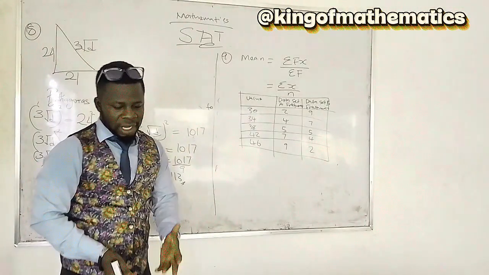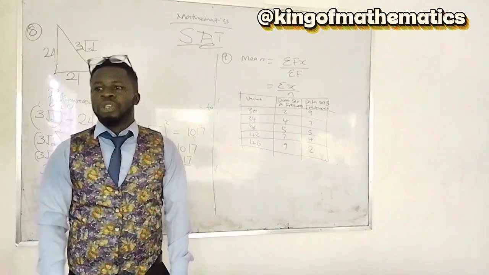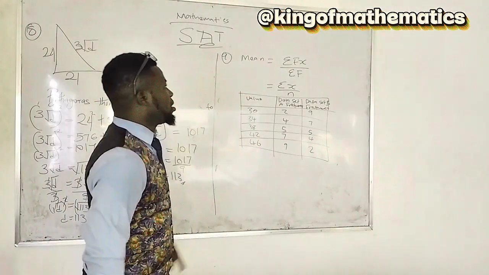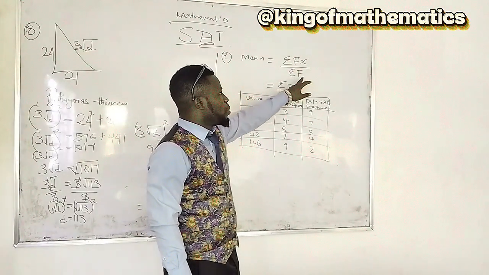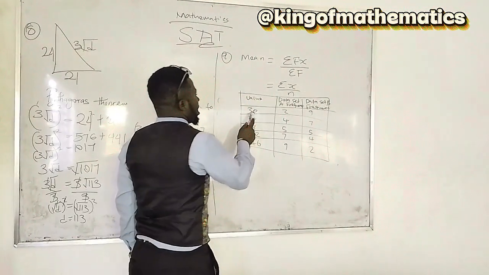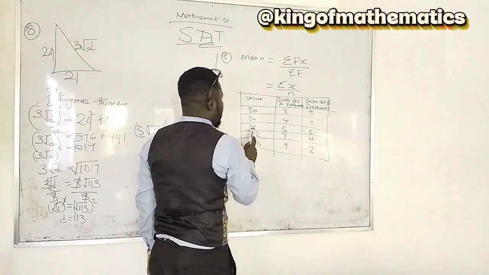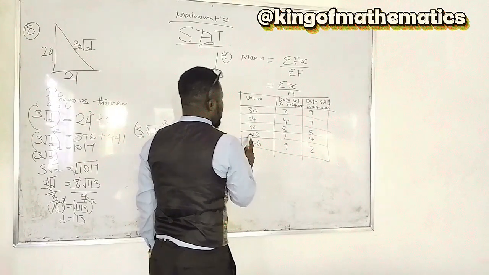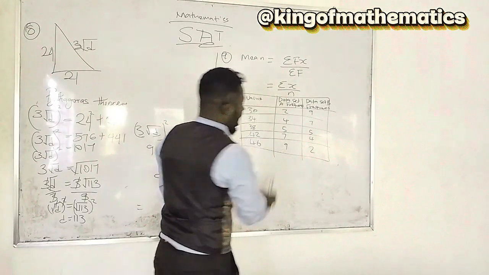So we are now given some options. Actually, looking at this, without you solving anything, all you need to check, since you know that this is summation fx all over summation f, you note that we have 30 twice, 34 four times, 38 five times, 42 seven times, 46 nine times.